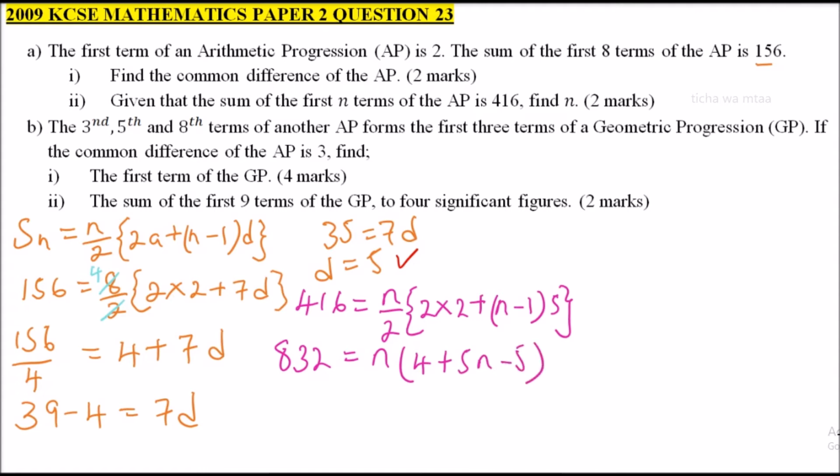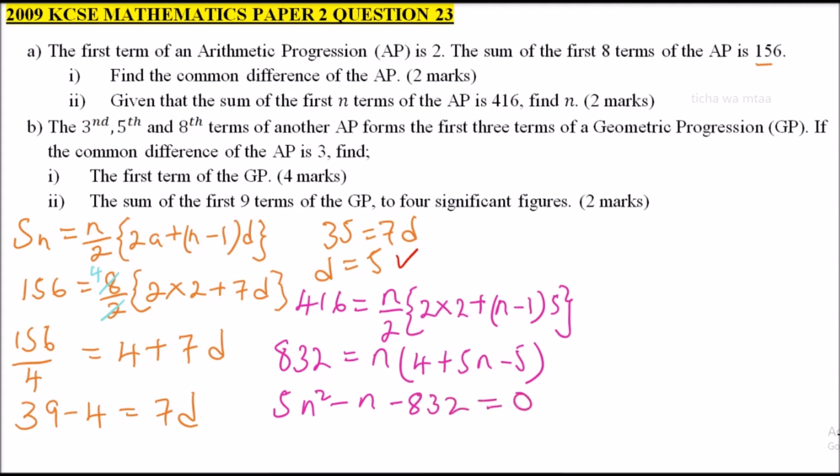You open the bracket here, and you should be able to get the quadratic equation. You rearrange it, you get 5n squared minus n, then minus 832 is equal to 0.